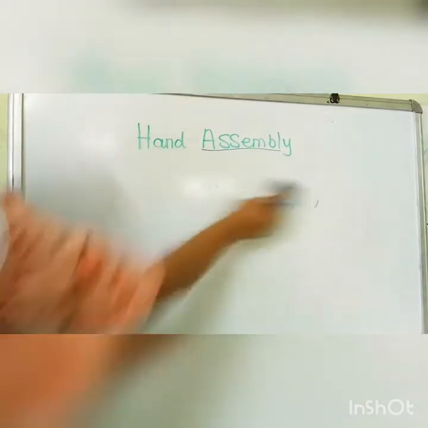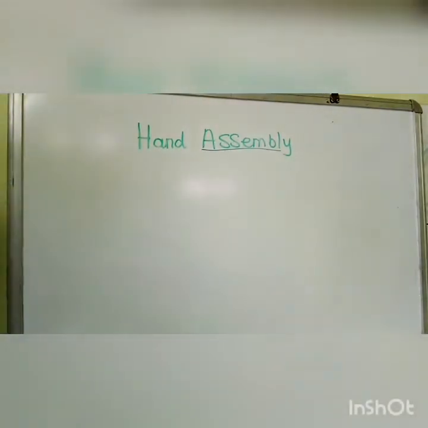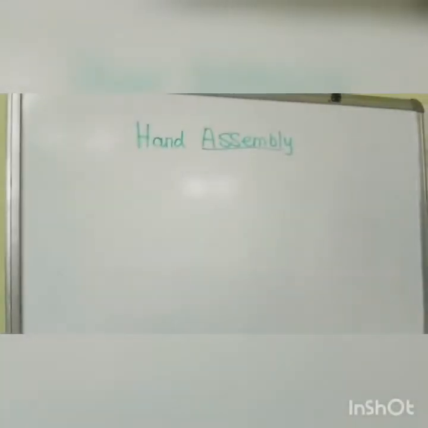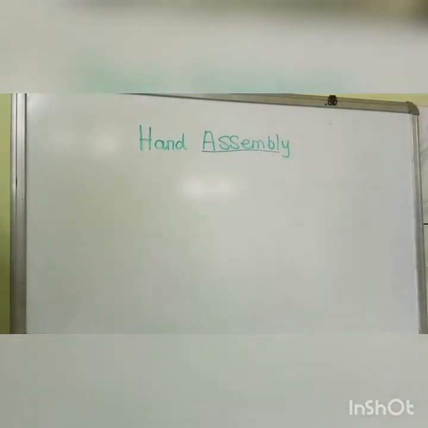Now we will see some examples which will explain the hand assembly process. All the knowledge of the machine is stored in some tables like the machine instruction table, then the register table, the condition code table, and so on. So we can convert any instruction into machine language.